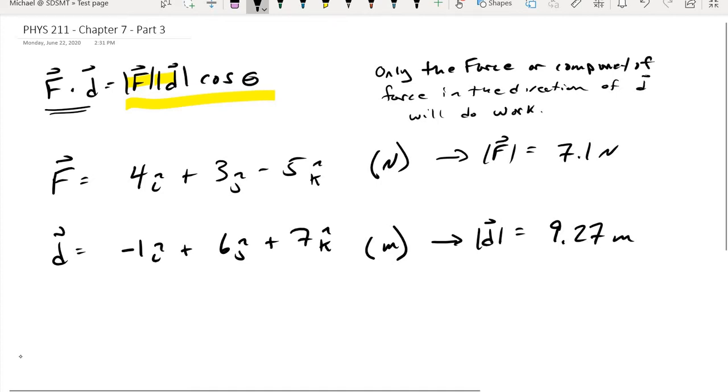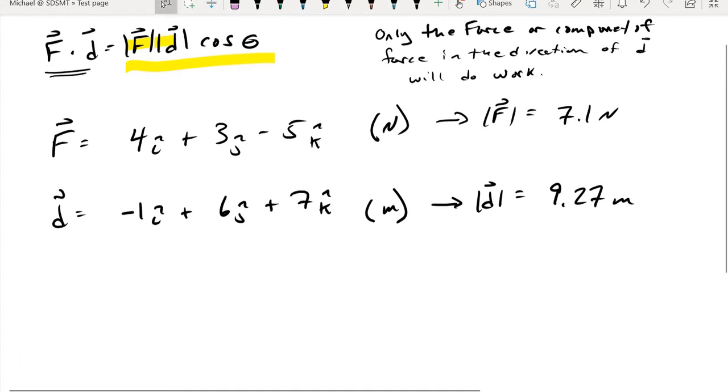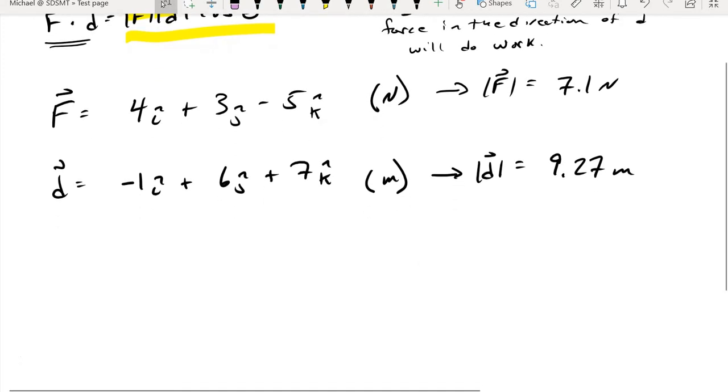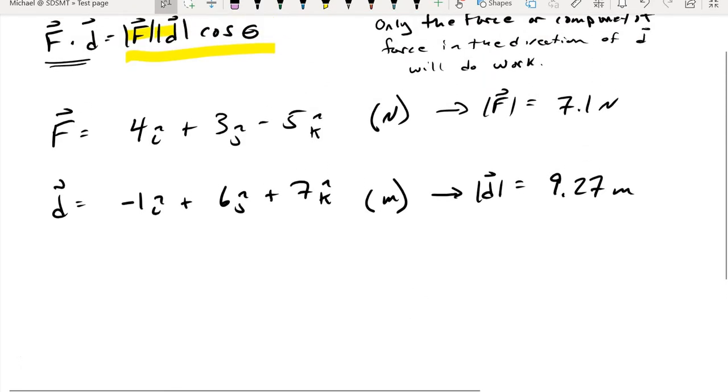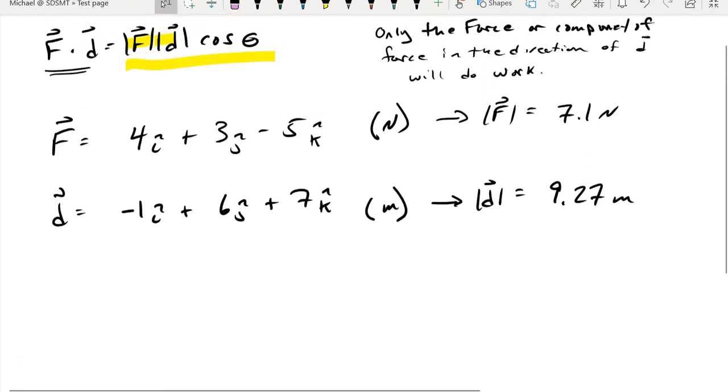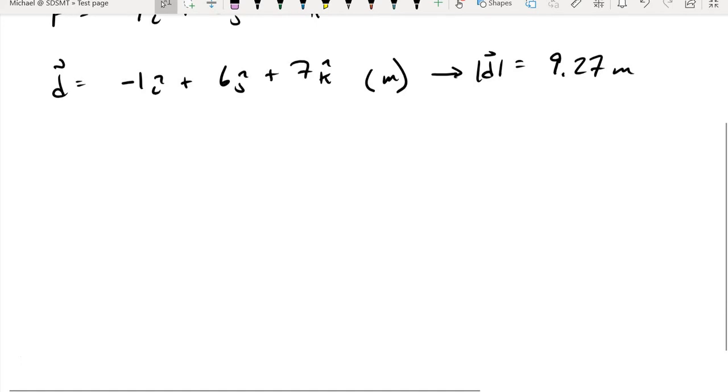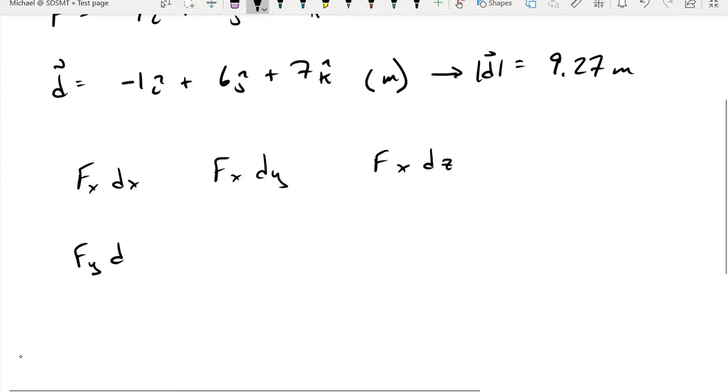Okay. Well, our displacement vector has multiple components, XYZ, and our force has components, XYZ. If we were to take the dot product approach and apply it to every conceivable combination of the components, in other words, there would be 9 different possible combinations.